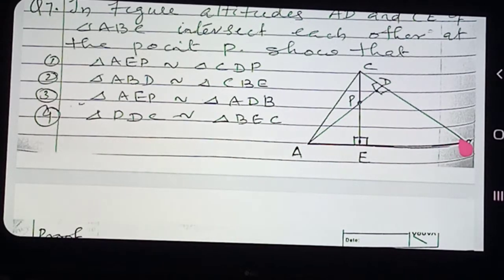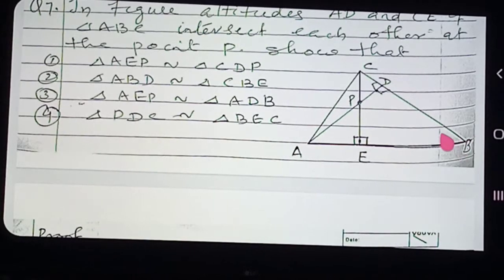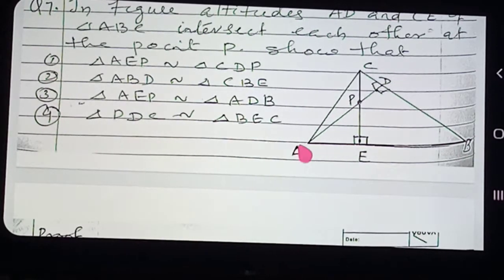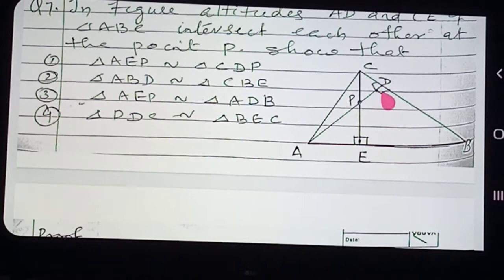Then angle ADB, recognize it. What is this angle? 90 degrees. And in triangle CBE, what about this angle? 90 degrees. Okay, that I have written downside, you can see.